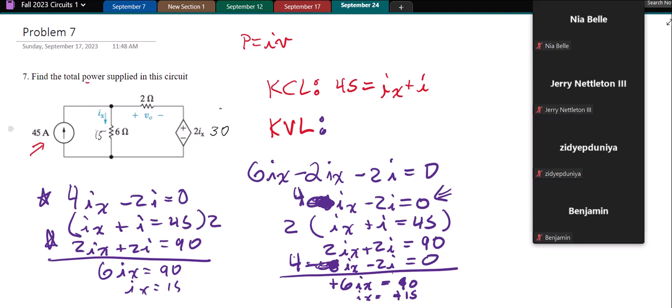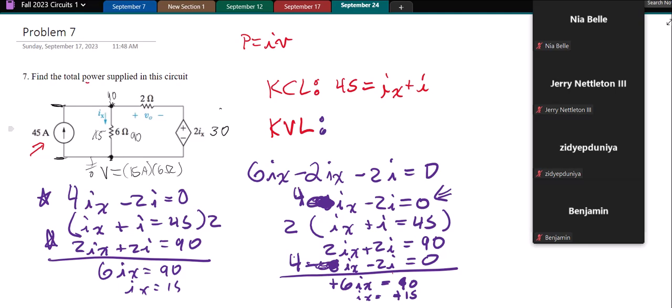That also tells me that the voltage across this resistor has to be 15 amps times 6 ohms, because voltage is current times resistance. And so the voltage across this resistor has to be 90. And it's 90 with the plus on top, so that's 90 up there. And if I say this is 0, that's 90. That tells me what the voltage change is across this current source that I'm going to need.